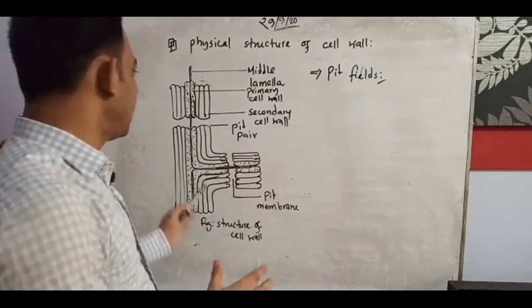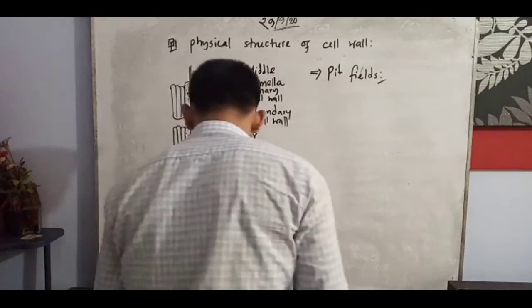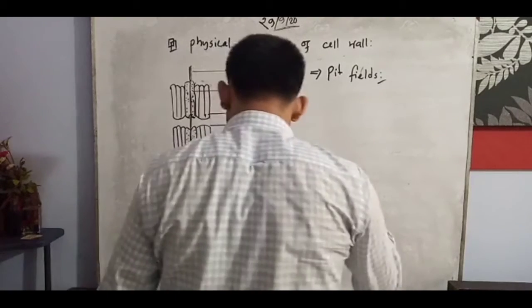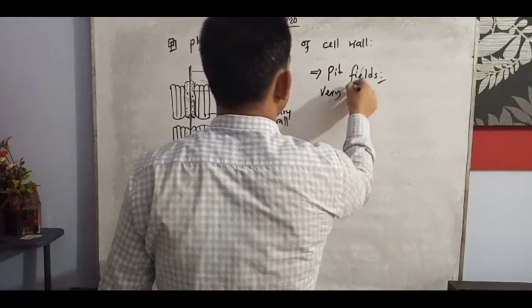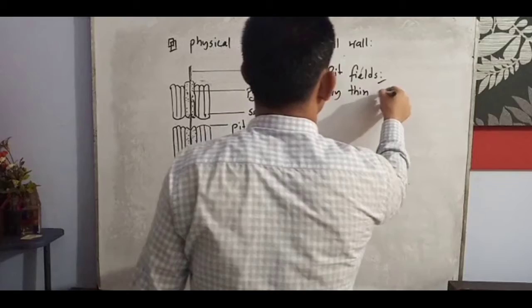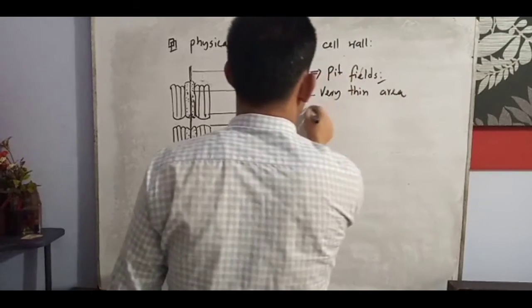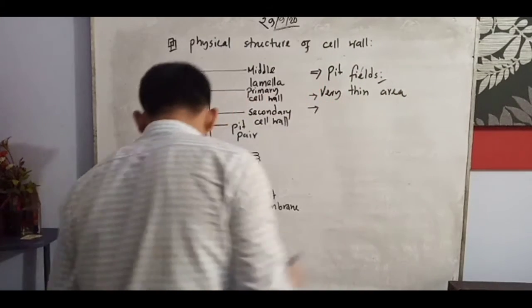Pit fields means a very thin area in the cell wall, you can write that.